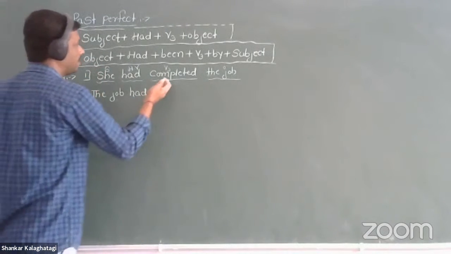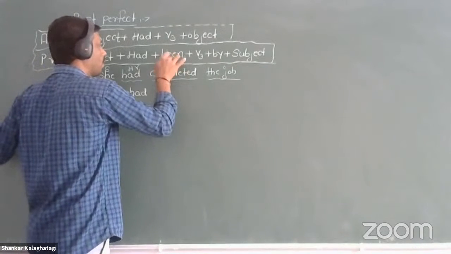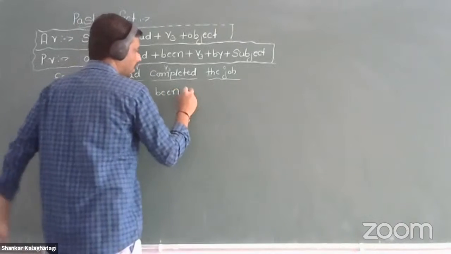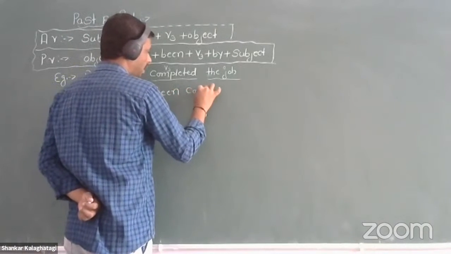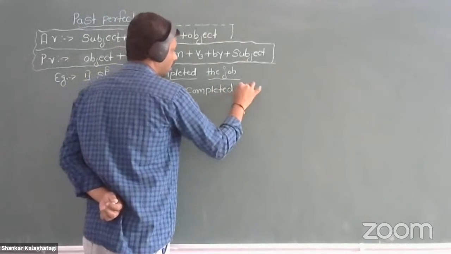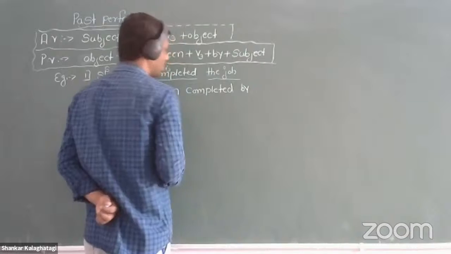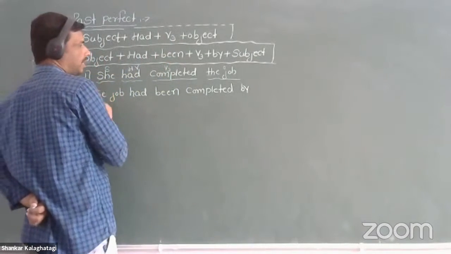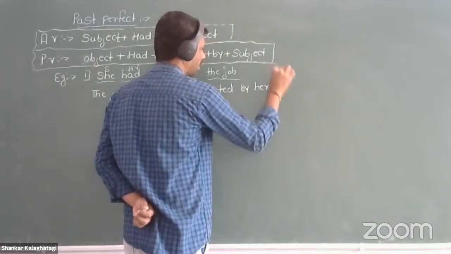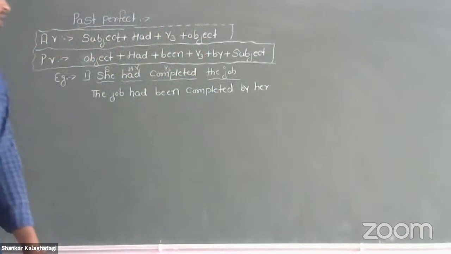Before V3, we have to write been. The job had been. Now write V3, that is already given in the sentence, completed. Now by we have to write. So whom? She. So she's object is her. The job had been completed by her.